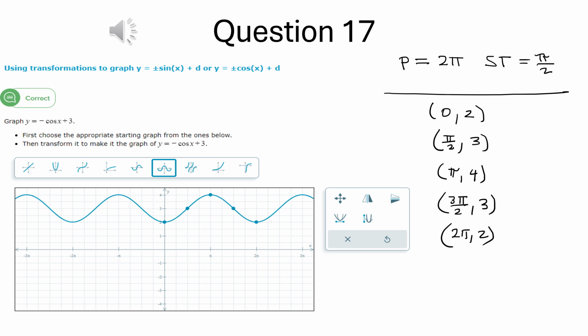Y 1 plus 3 is 4. And 3 pi over 2. One more time, cosine is 0. Entonces 3 pi over 2, 3. And finally, in 2 pi is exactly the same as 0, que es 1. Cosine of 2 pi es 1. Y -1 plus 3 es 2.